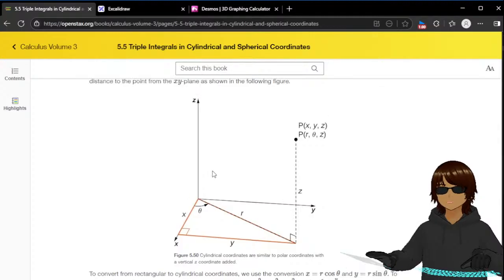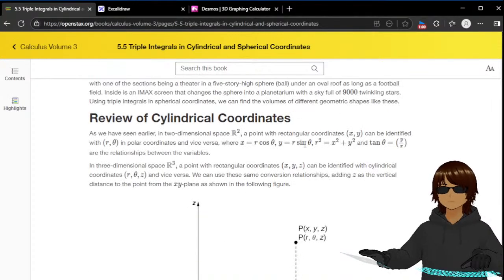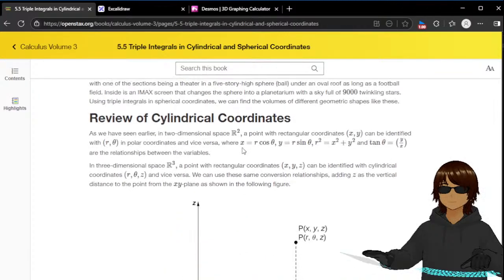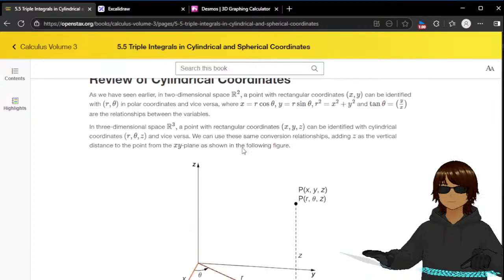So theta is defined, and we have r, theta, and z. A point with rectangular coordinates can be identified with cylindrical coordinates and vice versa.